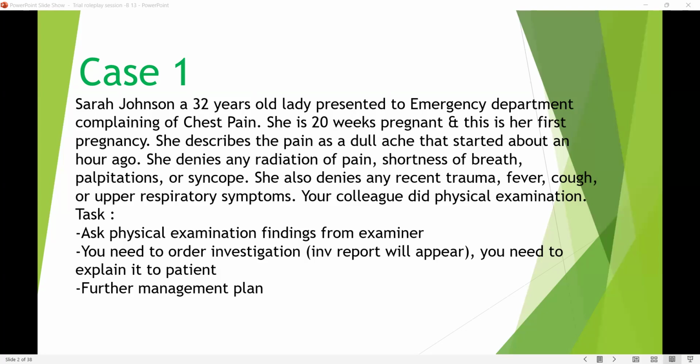Then auscultation of the heart, first and second, third and fourth heart sounds, any gallop rhythm, any murmur, or decreased vesicular breathing with added sounds. Percussion for any dullness or hyperresonance, and also vocal fremitus and vocal resonance.